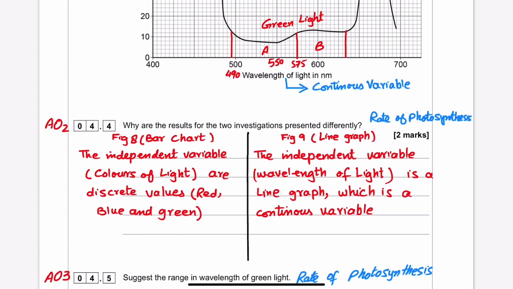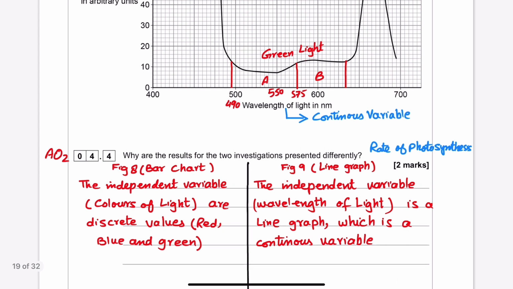But in figure number 9, the independent variable is the wavelength of the light. And we know that a line graph is given instead of the bar chart, and it is a continuous line given here. The student will get 1 mark for analyzing figure number 8 and 1 mark for analyzing figure number 9.